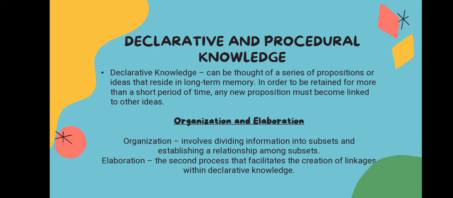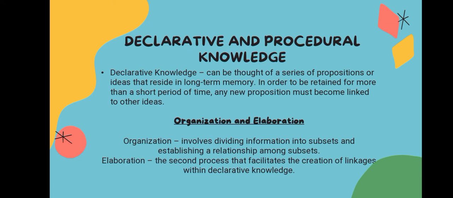So in learning there are actually numerous ways to help students organize information. For example, teachers can provide advance organizers, provide a topic outline, or encourage students to outline what is being discussed.